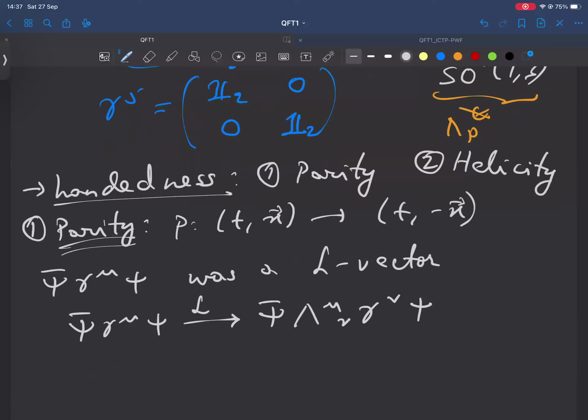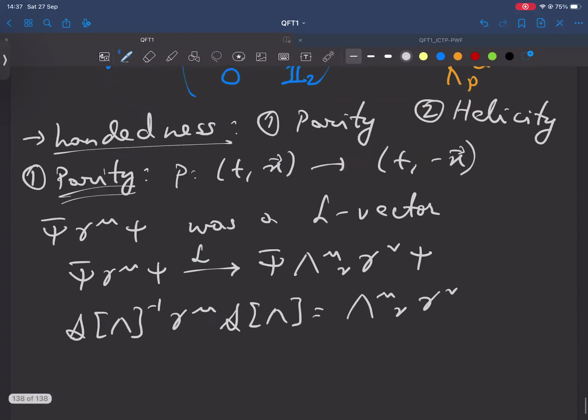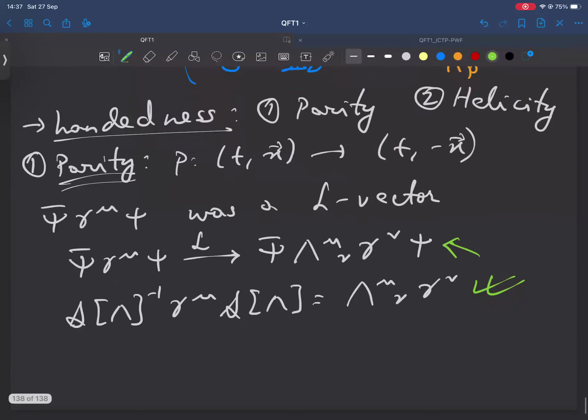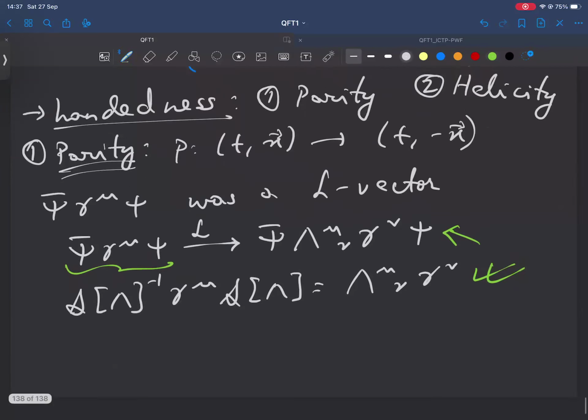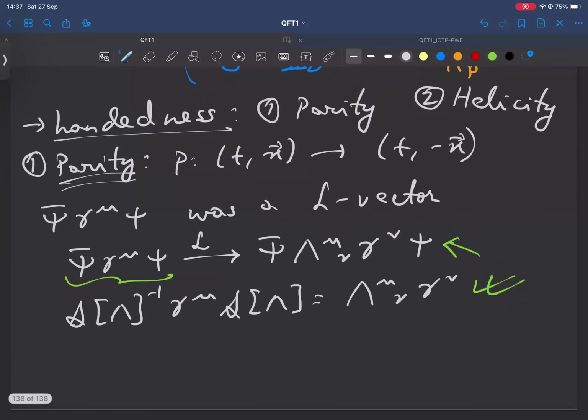In order to prove this, we had to prove this equation first. If you go back and see the lecture notes, this equation was crucial in showing the transformation that happens under a Lorentz transformation on the spinors. This kind of spinor bilinear, we concluded, was a Lorentz vector.